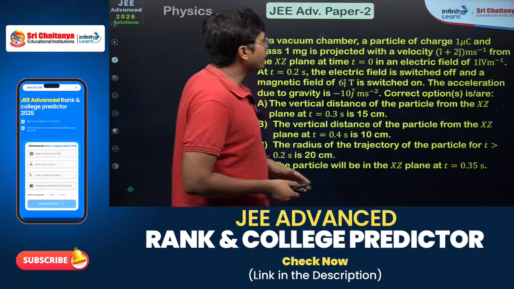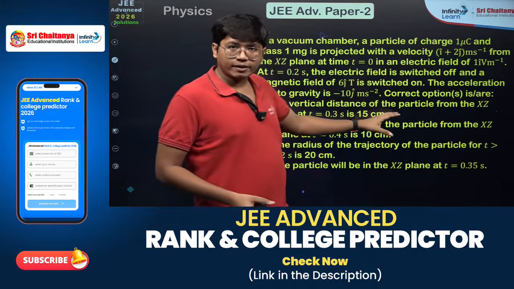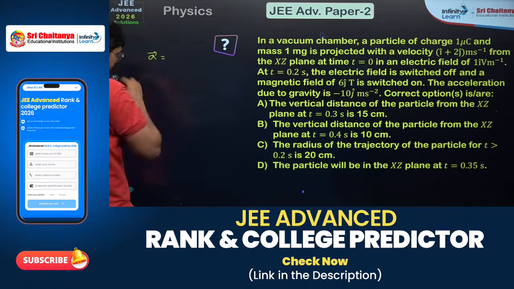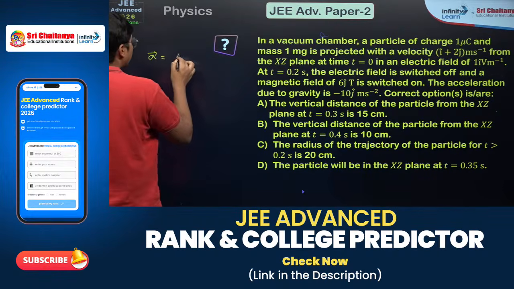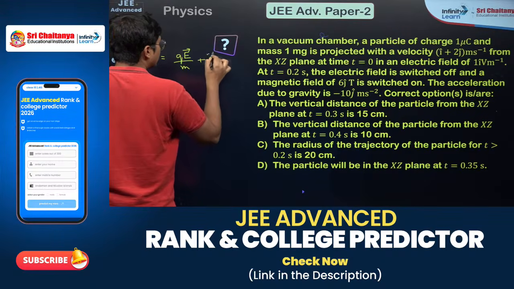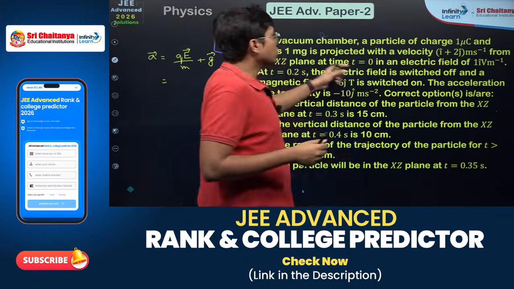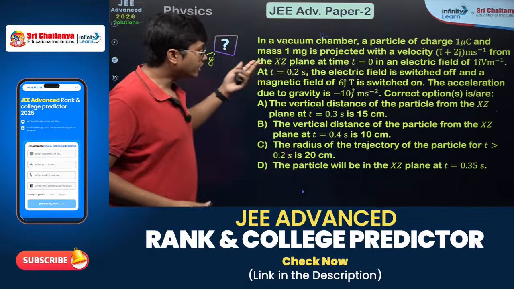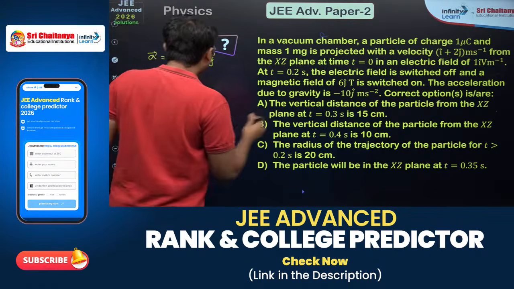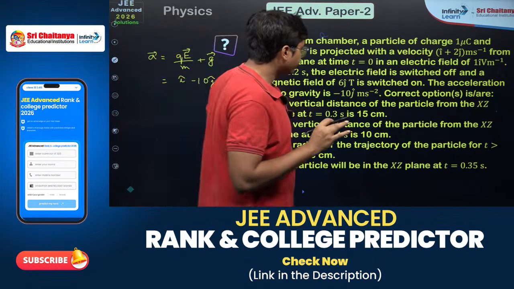First, what happens? You see, initially this had initial speed, all right. You had the electric field and you had the gravity. So what was the acceleration initially? Initially the acceleration was QE by m plus g vector, right? Q by m is basically 1 because 10 to the power minus 6 and 10 to the power minus 6. So electric field was just 1, so i cap, and g was minus 10 j cap. That was the acceleration in the very beginning.